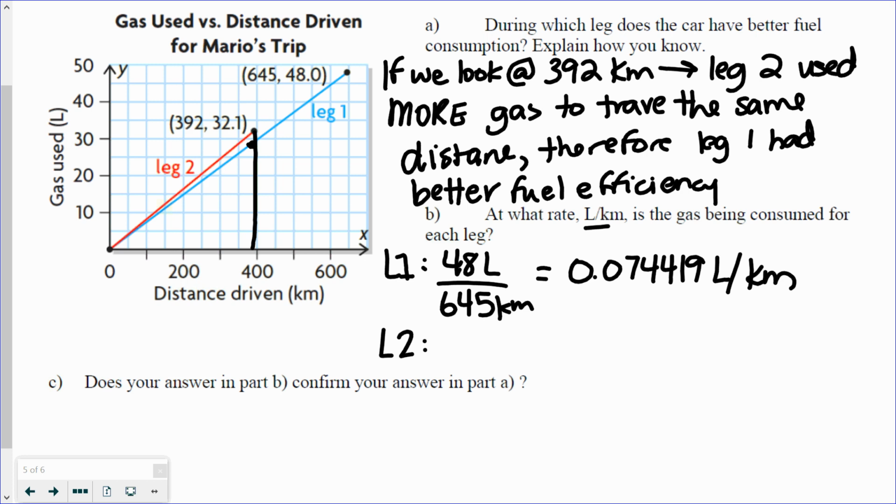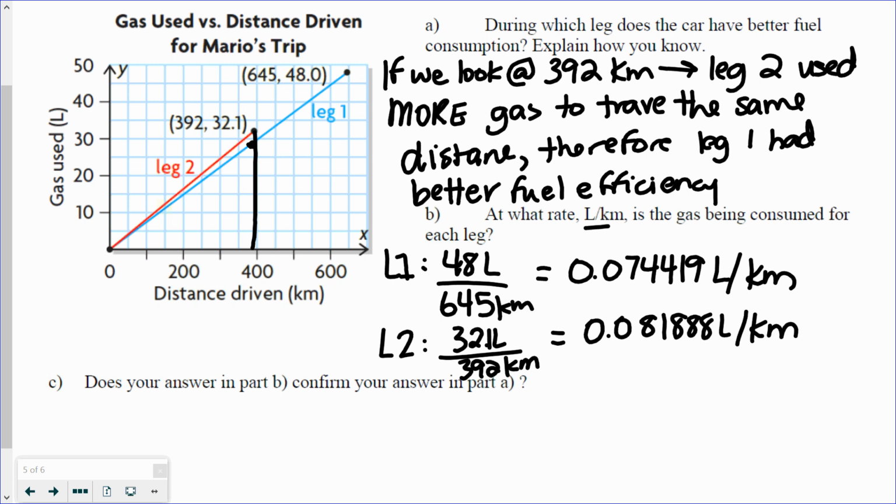And for leg 2, it took 32.1 liters, and they traveled 392 kilometers. So that gives me a rate of 0.081888 liters per kilometer.